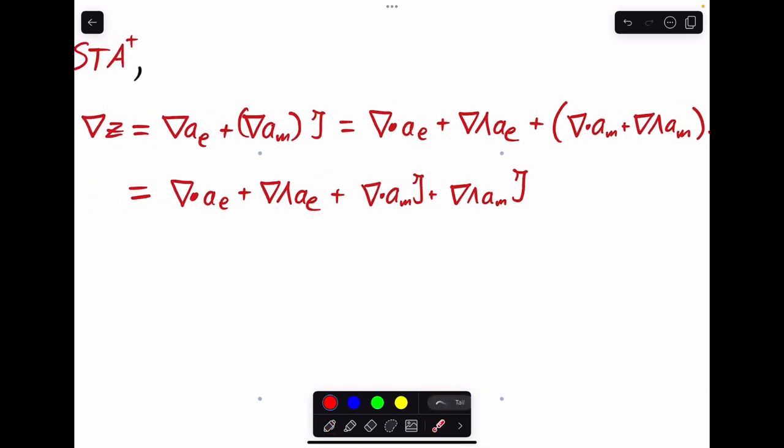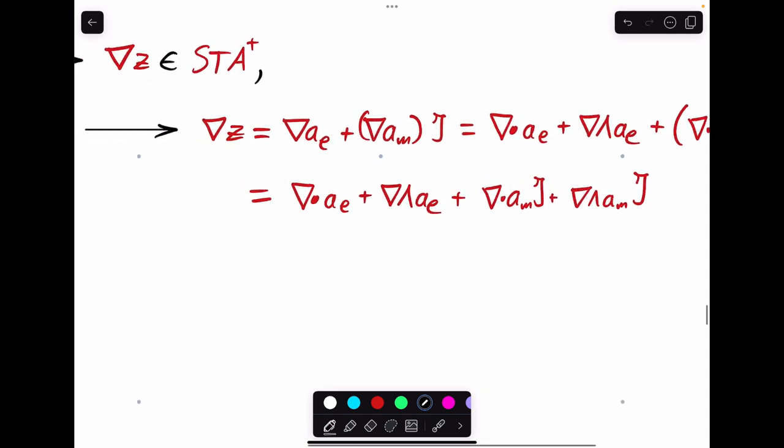So then recalling from what I just showed, where you get different terms, this is going to be scalar, so this is grade 0.